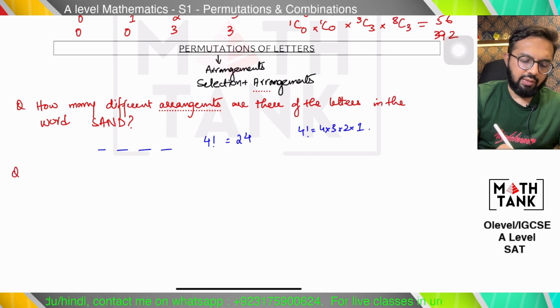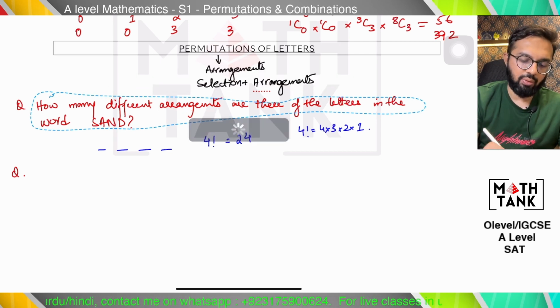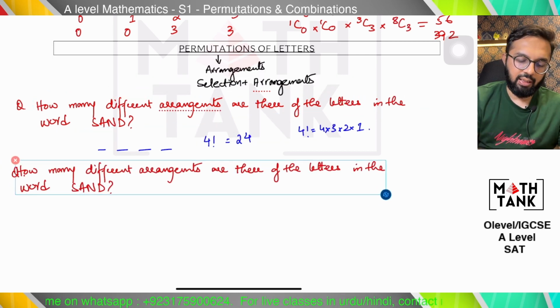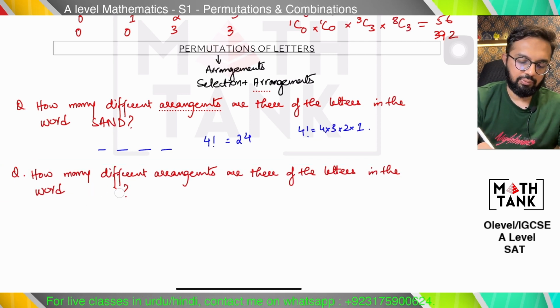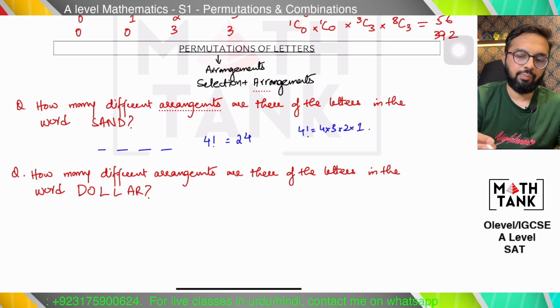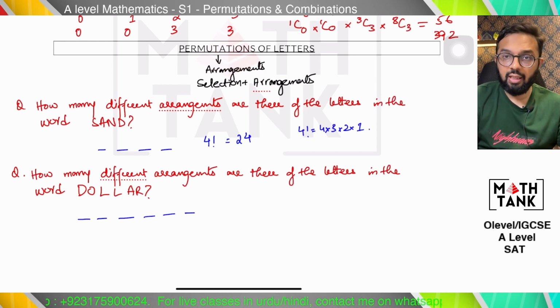Now, there is a small catch when we are talking about arrangements of letters. Let's say I change the word. I'm going to copy this question and just change the word at the end. How many different arrangements are there of the letters in the word dollar? Again, I put six dashes because I'm arranging all six letters, not choosing letters right now.